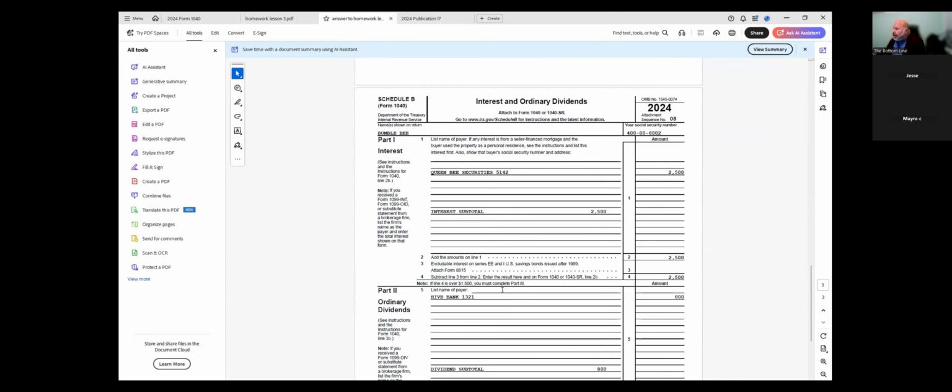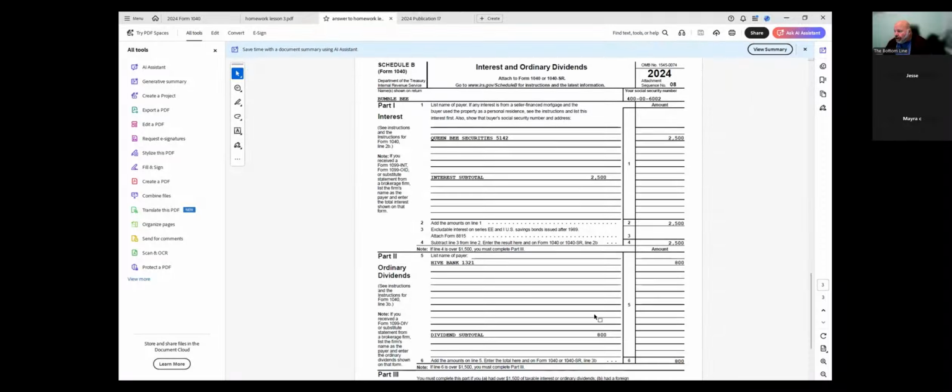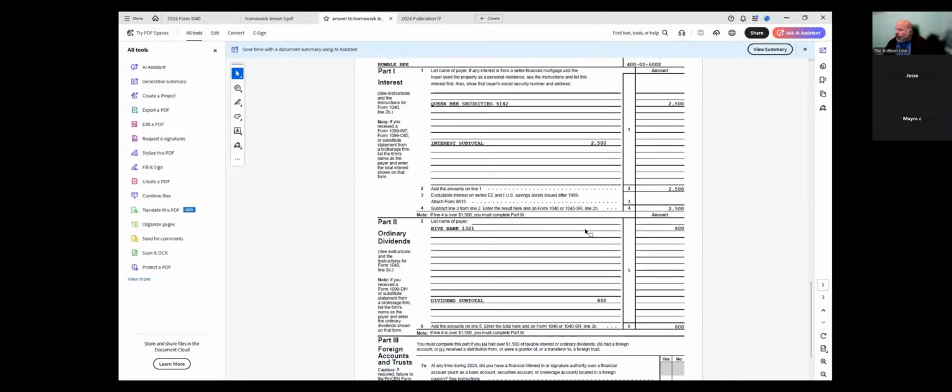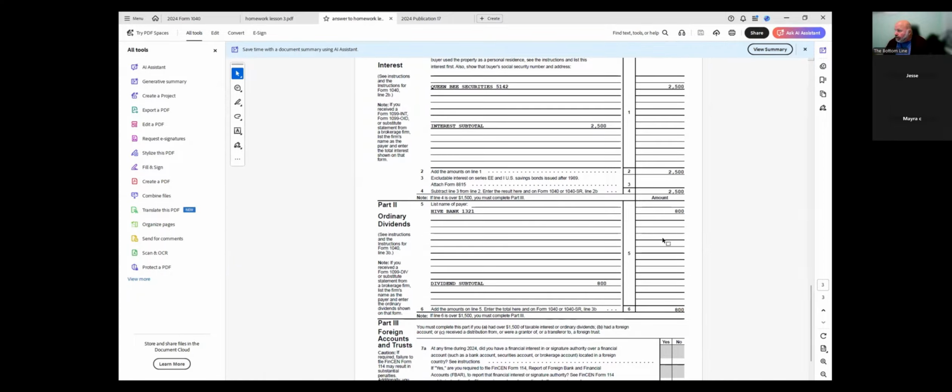And so this is our Schedule B. If your interest is over $1,500, you have to fill out the form Schedule B. And when you fill out that, we're also going to put in here our ordinary dividends.